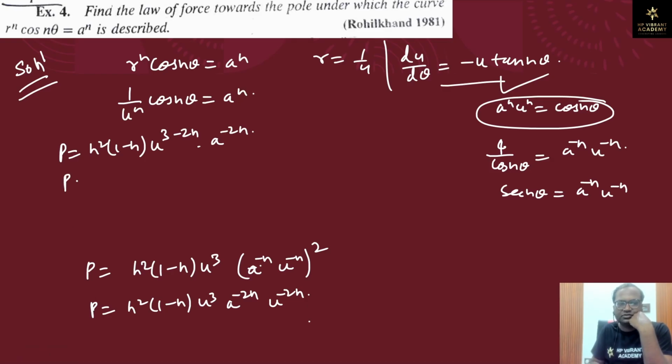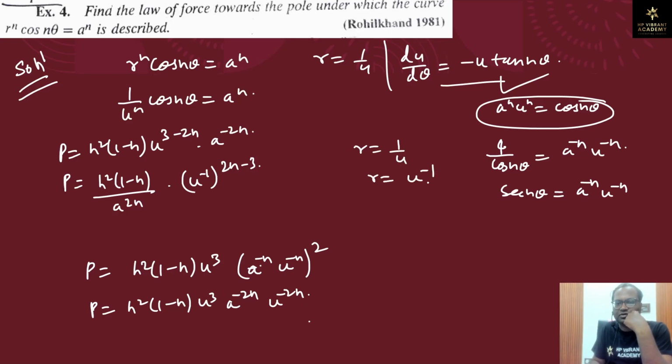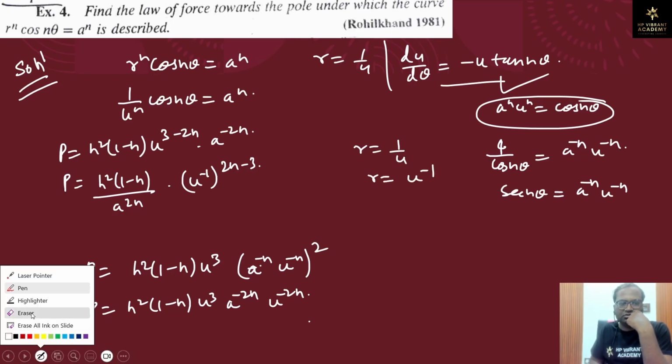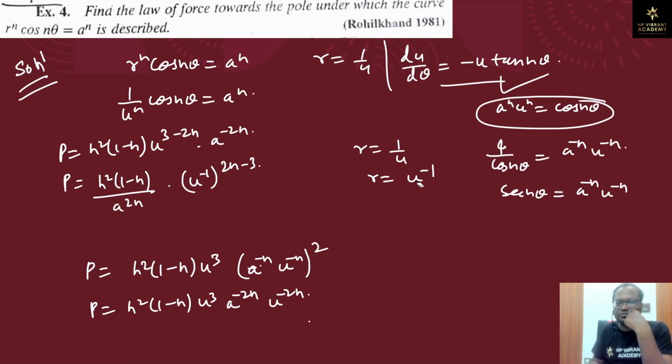So we have p is equal to h square 1 minus n upon a to the power 2n into u to the power minus 2n plus 3, this we can write. Now r is equal to 1 upon u, so u to the power minus 1 is r. Let us replace this.